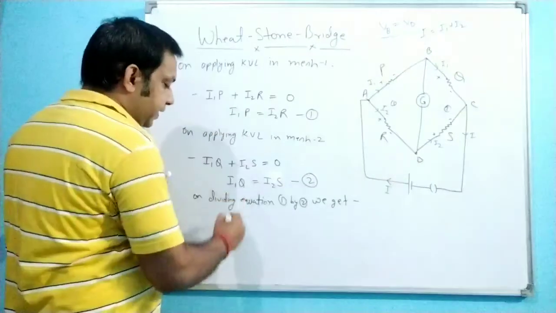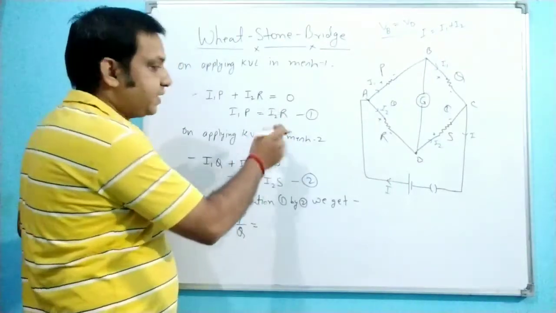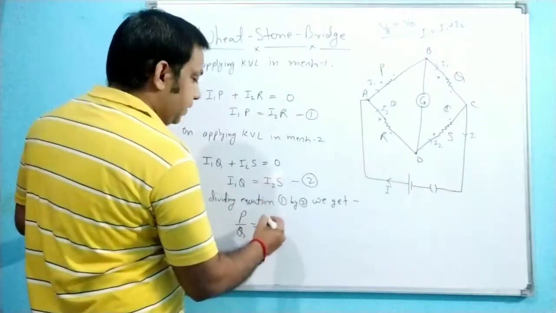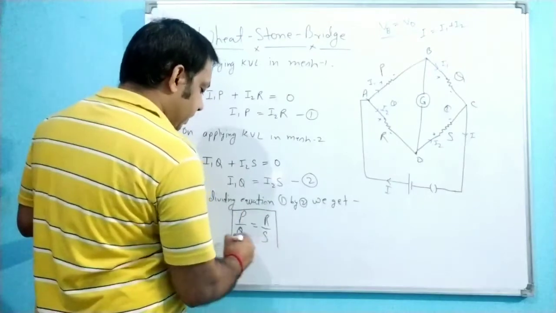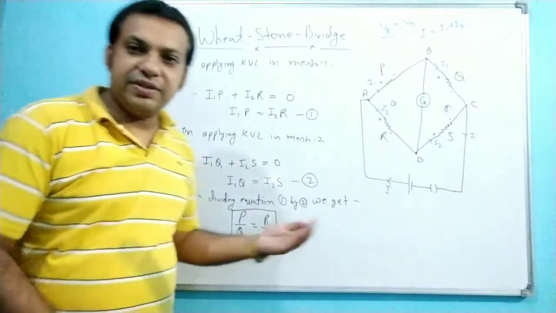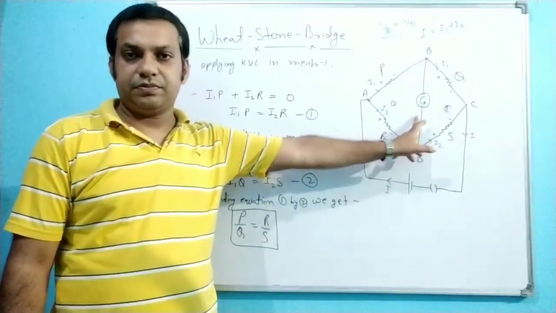So I1 gets cancelled out, you will get P by Q. And when we divide the right hand side, I2R and I2S, so I2 gets cancelled out, you will get R by S. So P by Q is equal to R by S. So this condition holds when there is no deflection in the galvanometer. Right now?